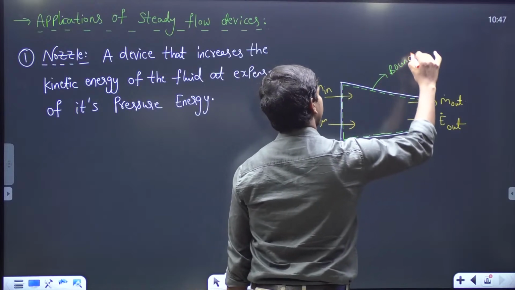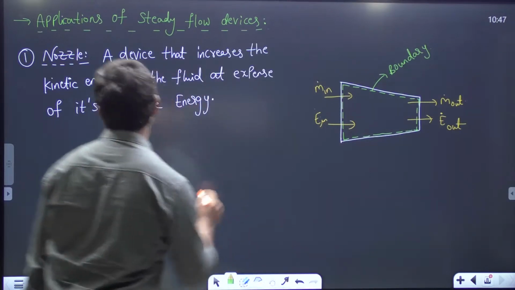If this is the boundary, let us apply the steady flow energy equation, assuming the nozzle is operating under steady state.